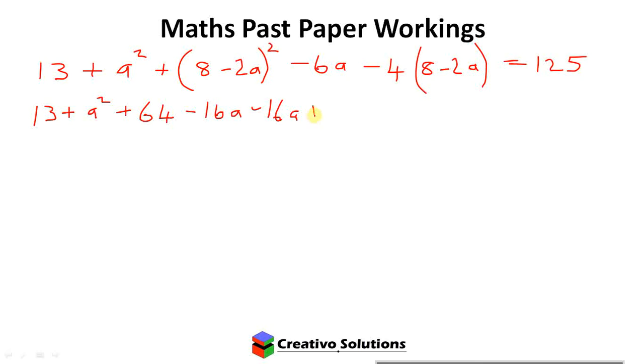Minus 2a squared is plus 4a squared. Minus 6a. Minus 4 times 8 is minus 32. Minus 4 times minus 2 is plus 8a. Equals 125.